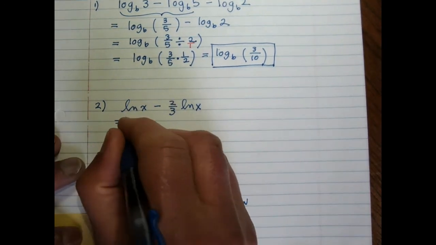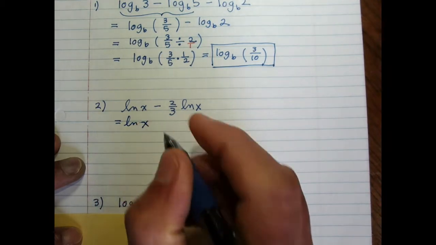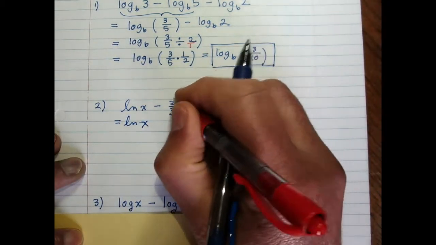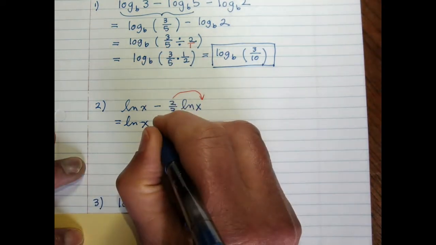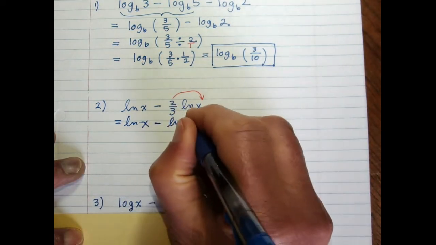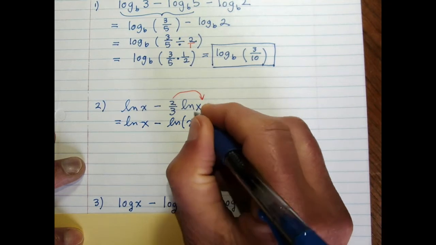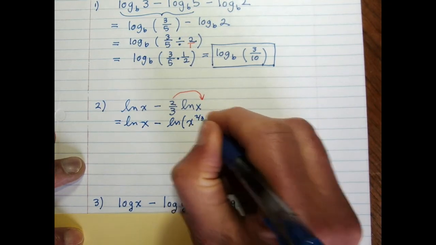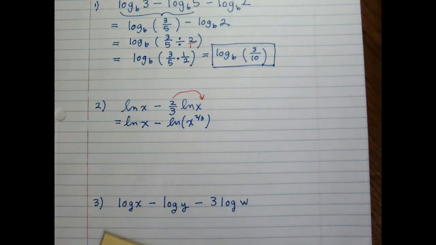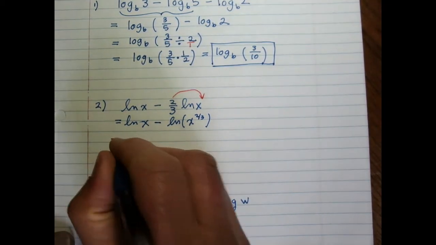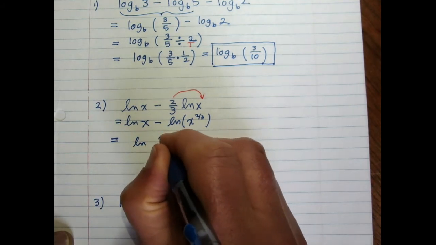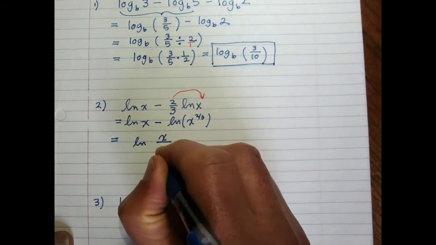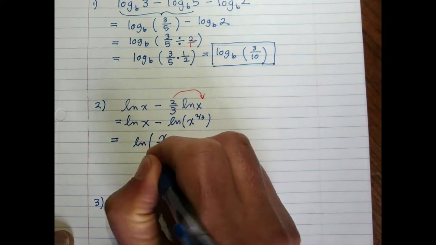So I'm going to leave the ln of x alone for now, and I'm actually going to take the 2/3 back up into the exponent of this base x, so it's going to be x to the 2/3 inside that second log. And now I can combine these two into ln of x over x to the 2/3.